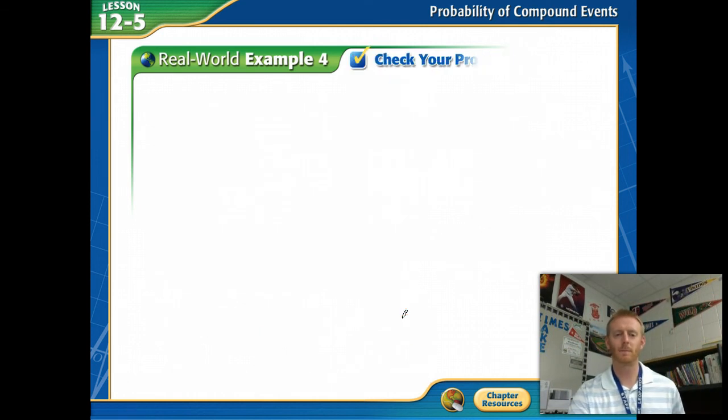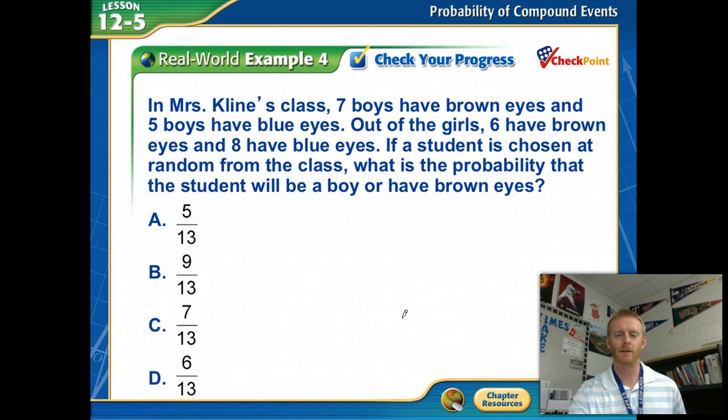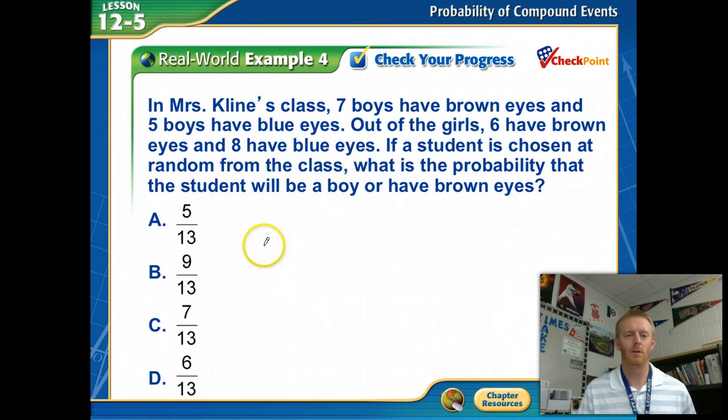Let's see if we can do that again. All right, so we have 7 boys who have brown eyes, 5 boys that have blue eyes, 6 girls have brown eyes, 8 girls have blue eyes. What's the probability if we have a boy or brown eyes? So there are 26 students. A boy would be 12 of those 26 because there's 12 boys here.